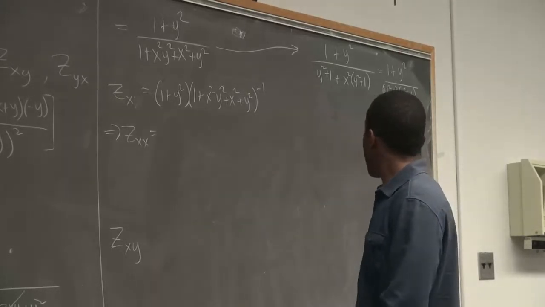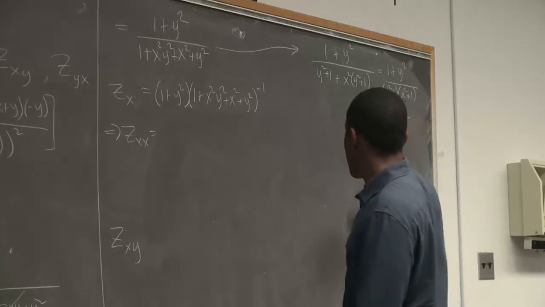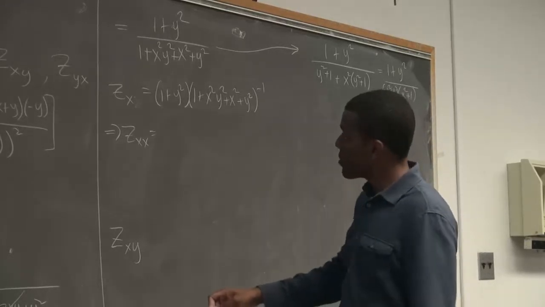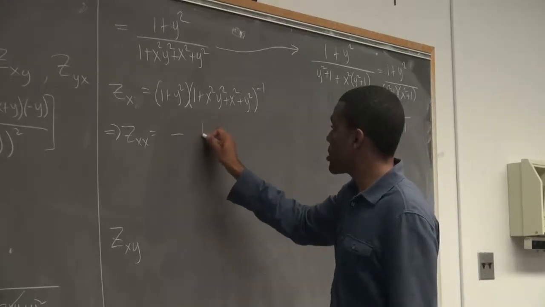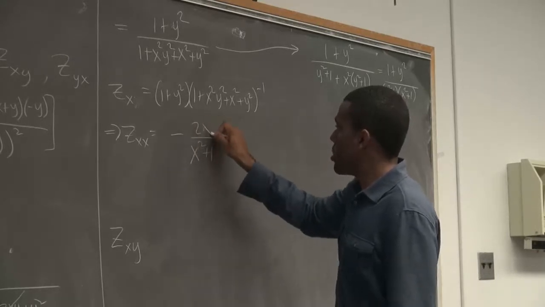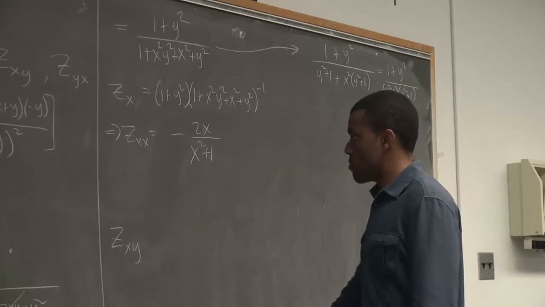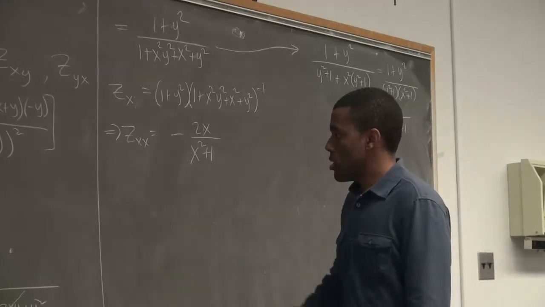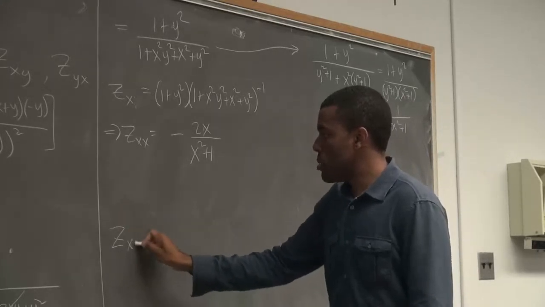So you could get zxx to be, now you just want to find the derivative of that. So that's just going to be minus something times 2x. So what would zxy be here?